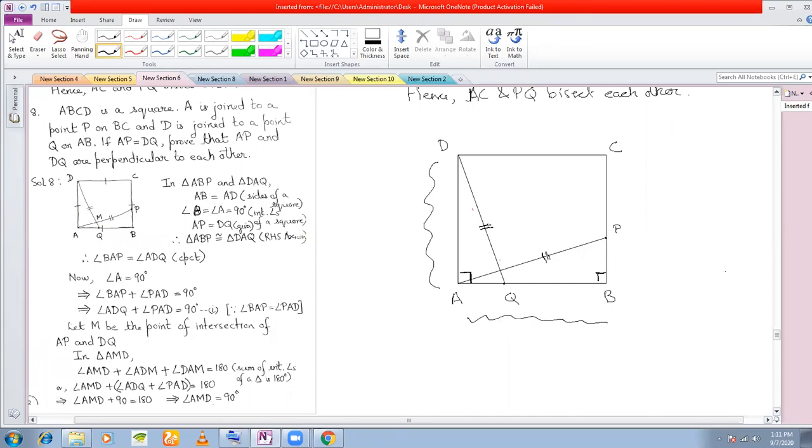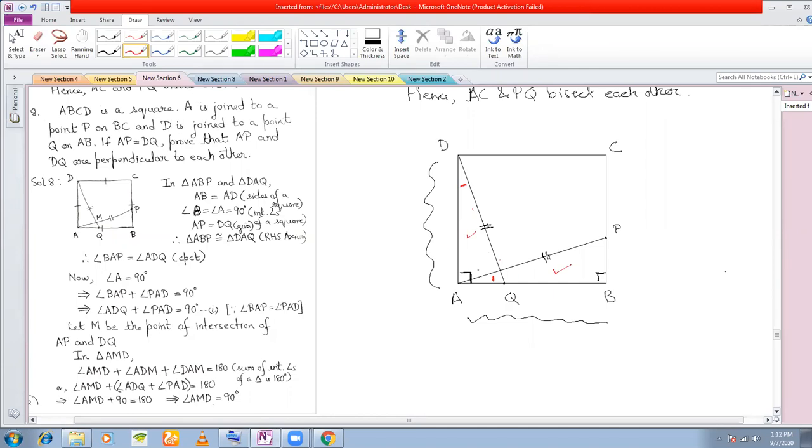So if I consider triangle ADQ and triangle ABP, and if I can show that these two triangles are congruent, then by CPCT can I say that this angle is equal to this angle? Yes, I can say.